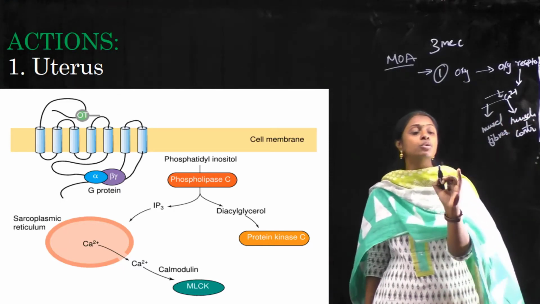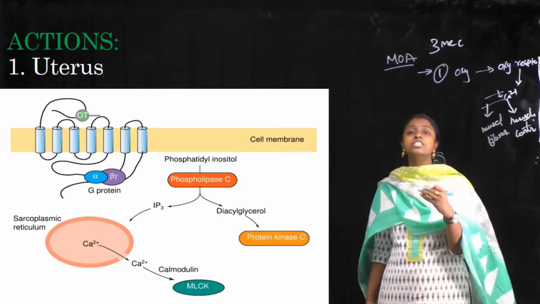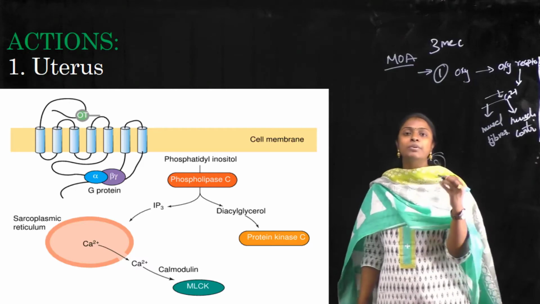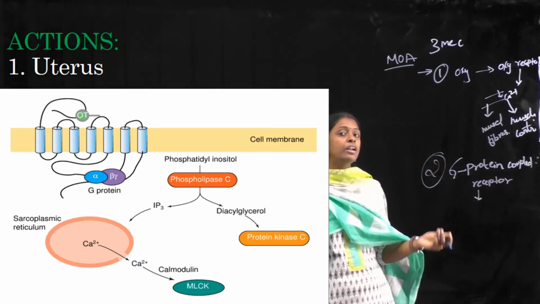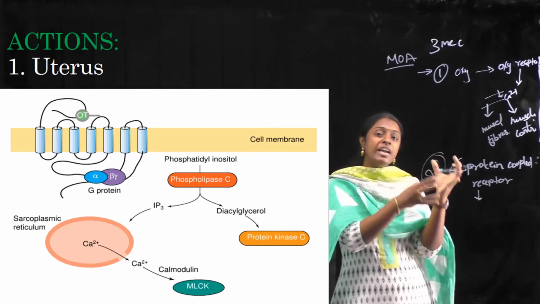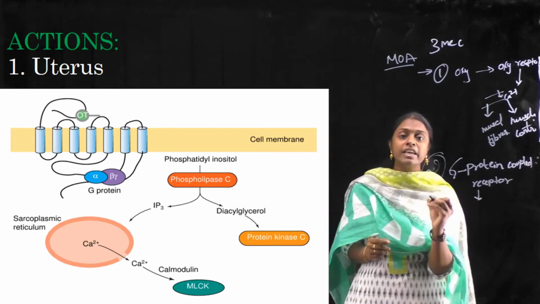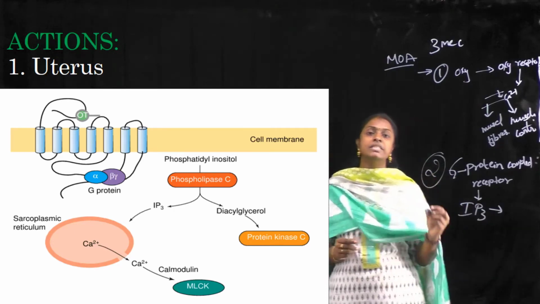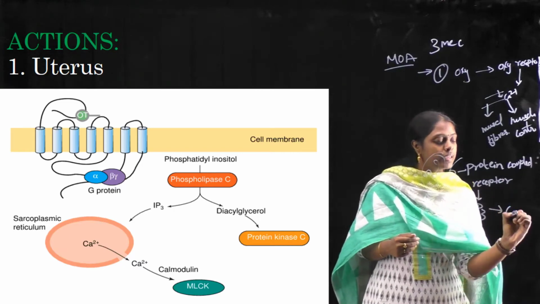When it comes to the second mechanism, the oxytocin receptor is a G protein coupled receptor. So when oxytocin comes and binds with this receptor, it will activate IP3. This IP3 will activate the calcium channels.